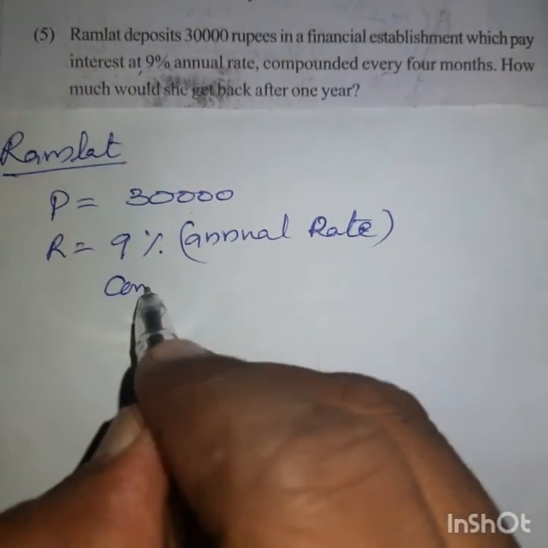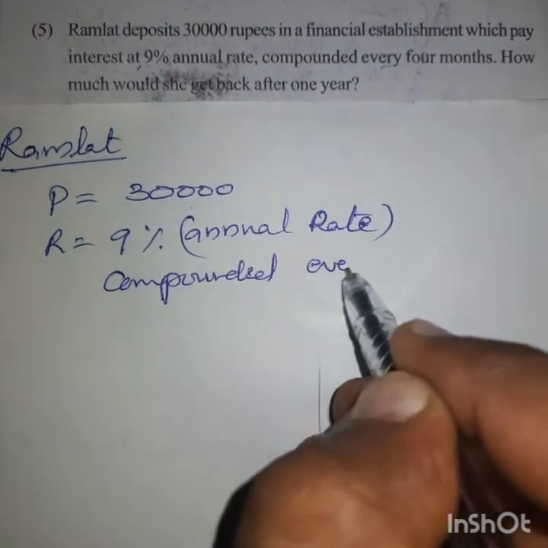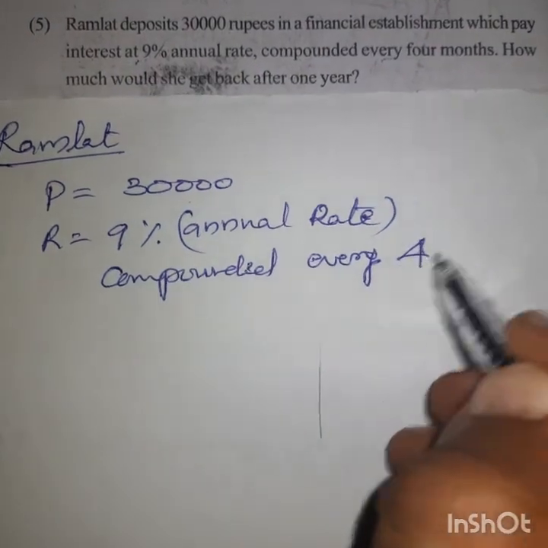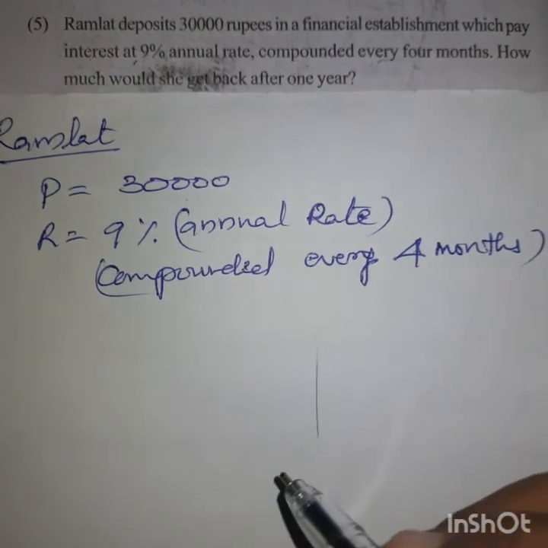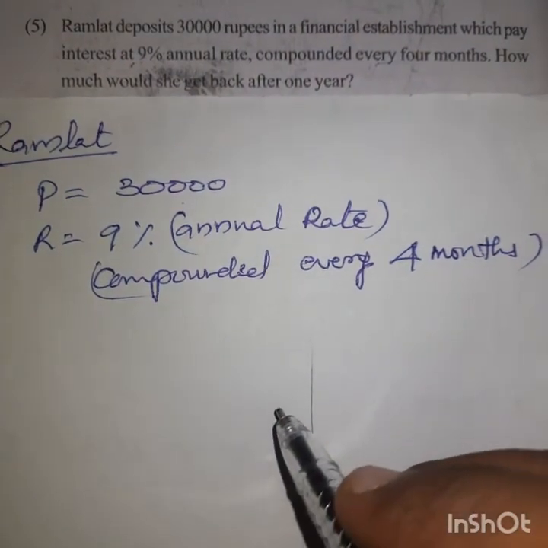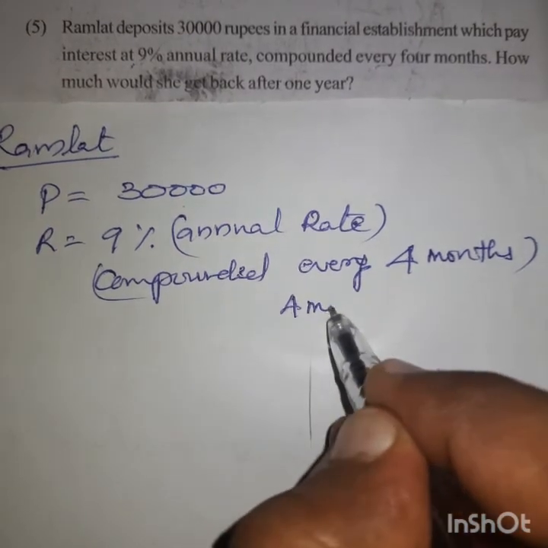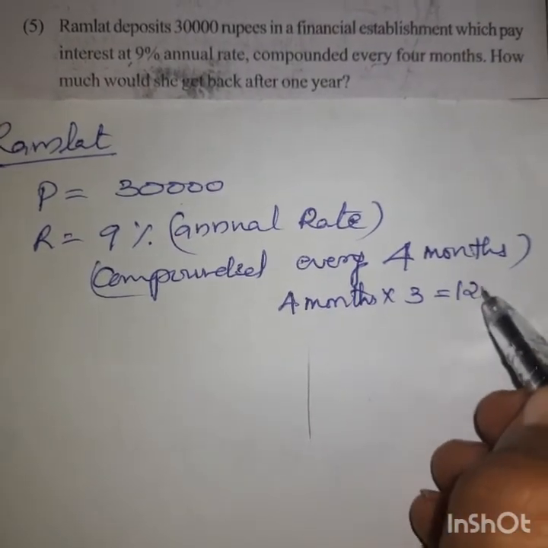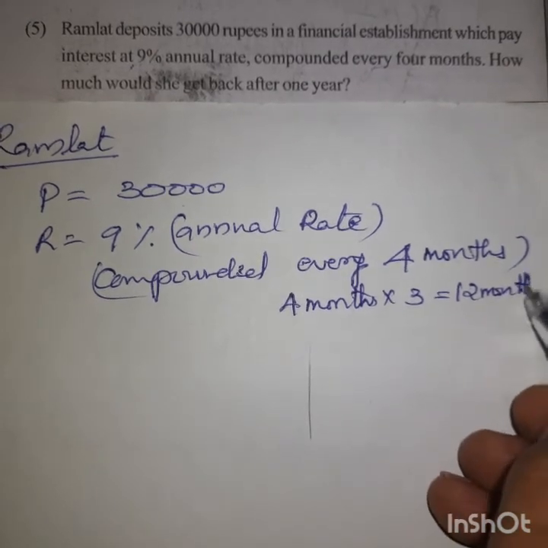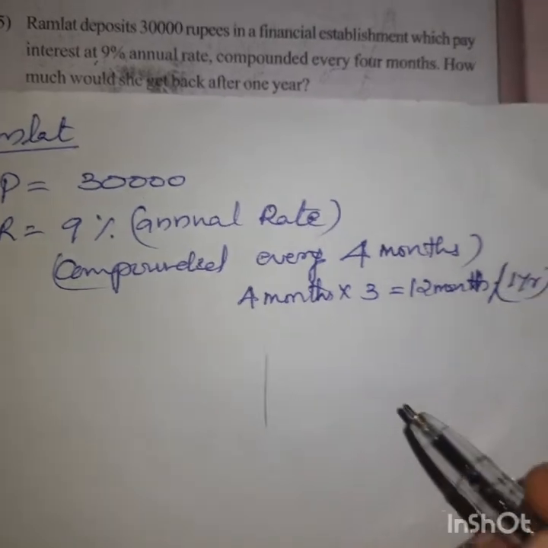Compounded every 4 months. Every 4 months means in 1 year, how can we write it? 4 months into 3 times, that is 12 months or 1 year.